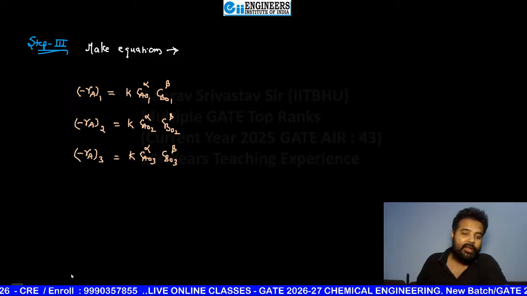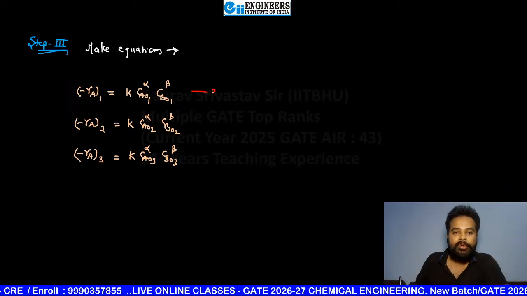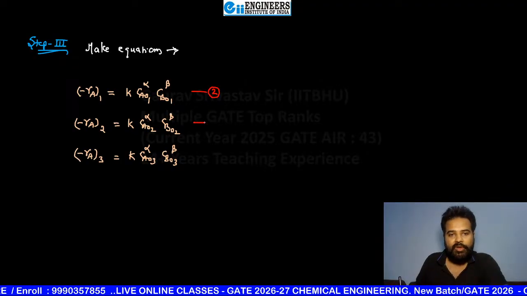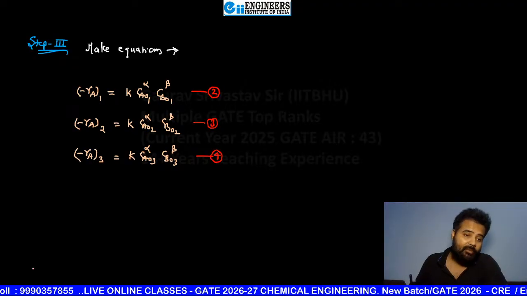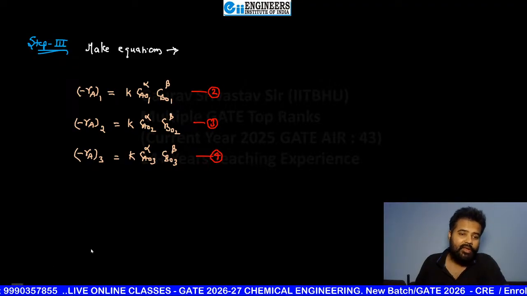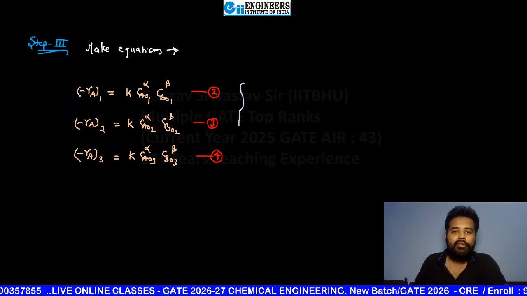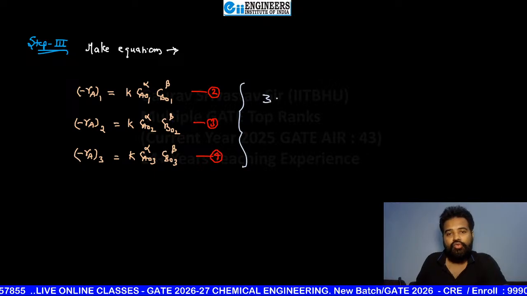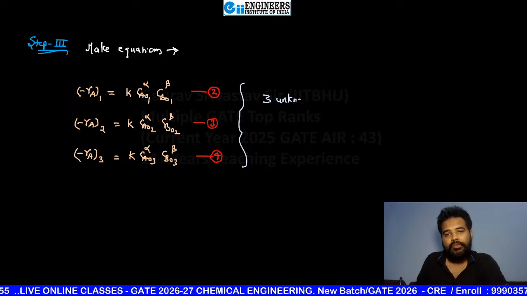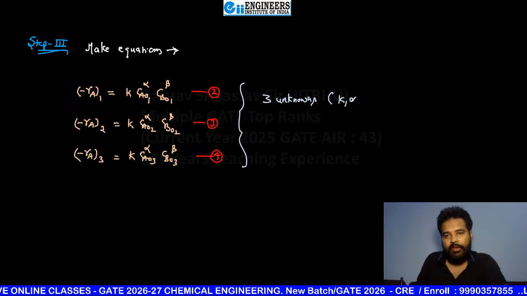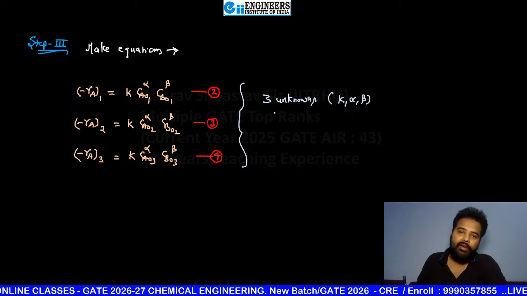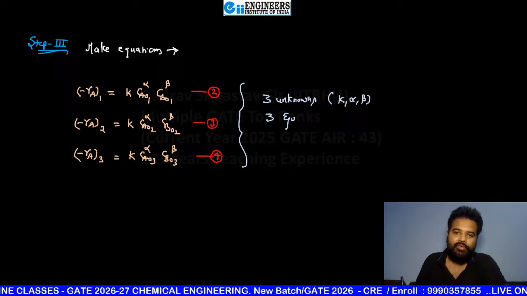So clearly you can see here in equation number 2, equation number 3, equation number 4, three unknowns, K, alpha, beta, and three equations.